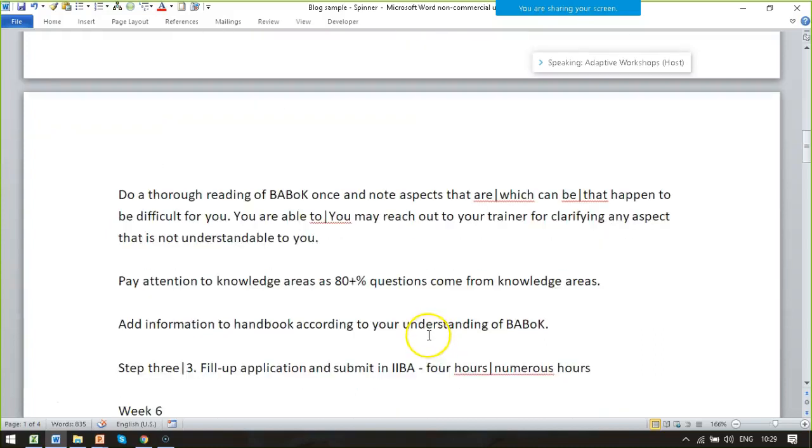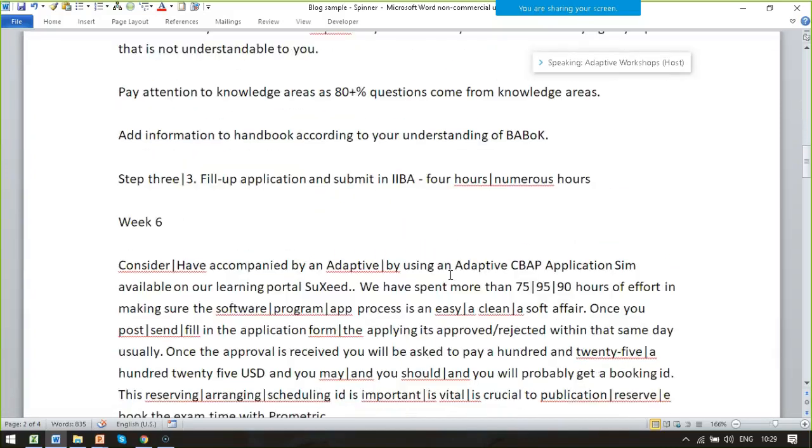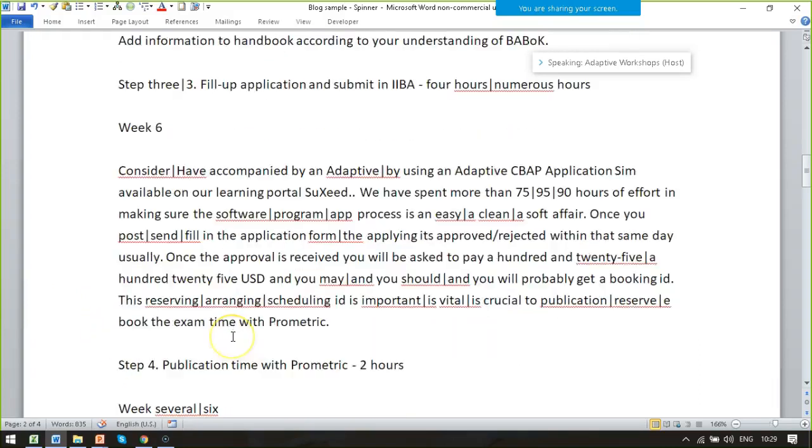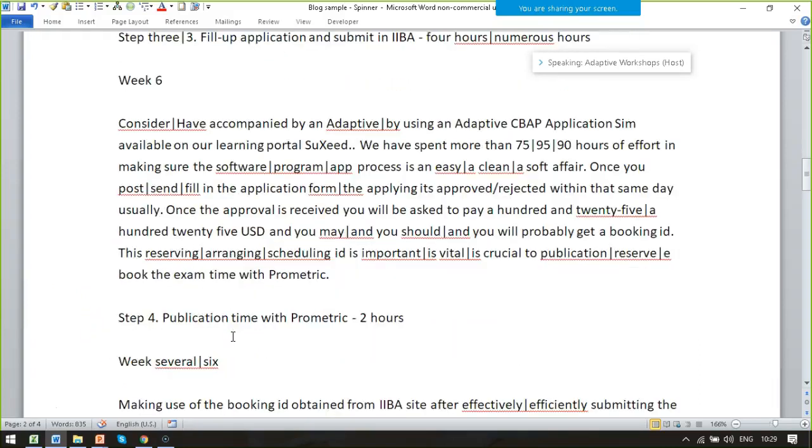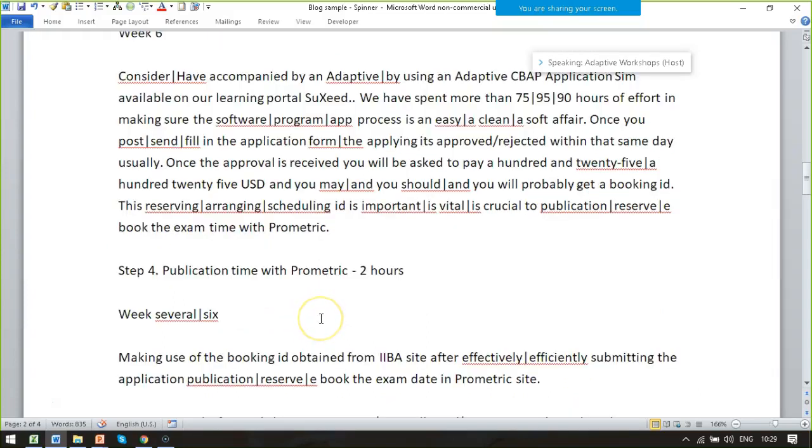Here it says software, program, app, process, giving you some choices, and then you can actually pick some of them.